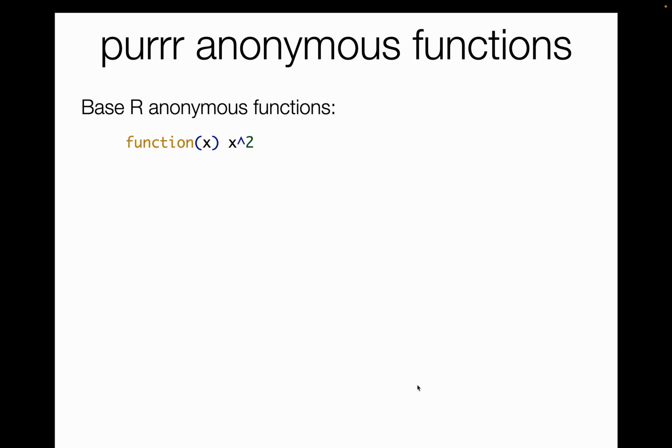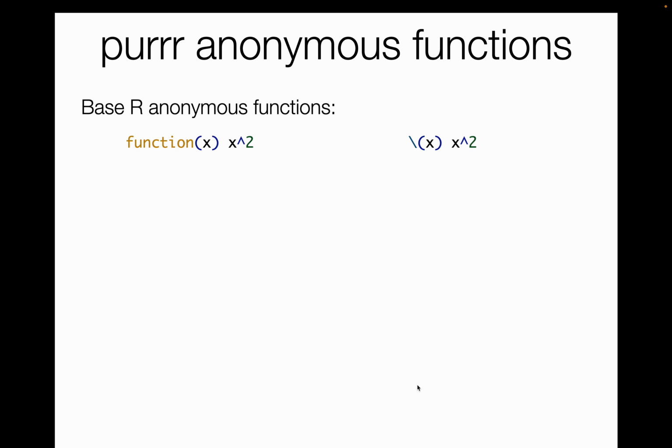Base R anonymous functions look like this. So base R used to only have one type of anonymous function. That's the one on the left. But maybe 1 year ago, a year before this video was made, R went through a fairly big change.